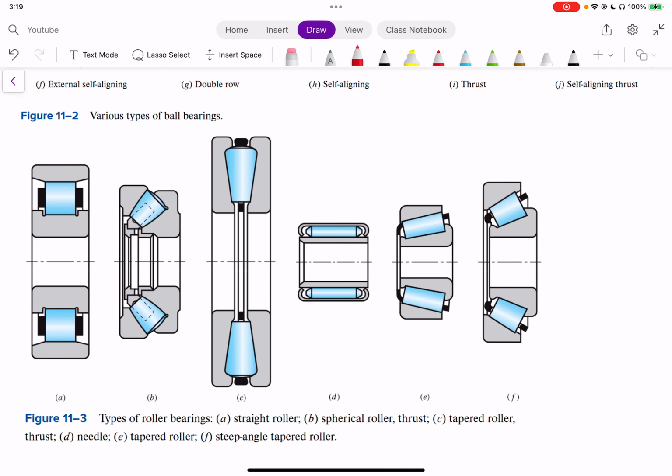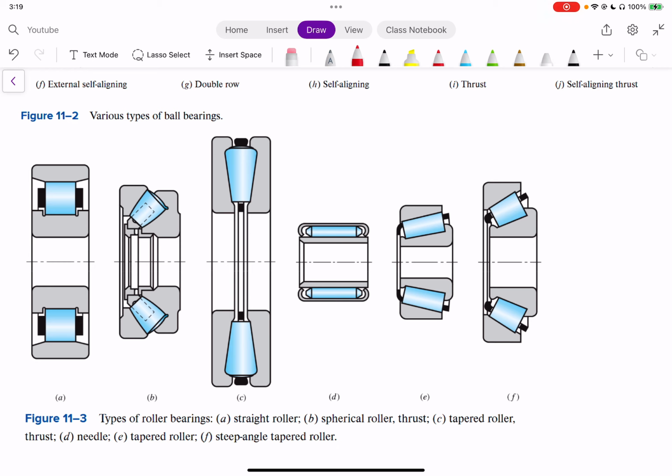The last is different types of roller bearings. So instead of having ball bearings, you can also have a roller bearing, with rollers, or essentially cylinders, instead of a ball. So you could have a straight roller, spherical roller, tapered roller.